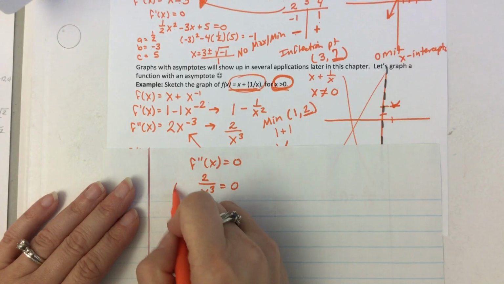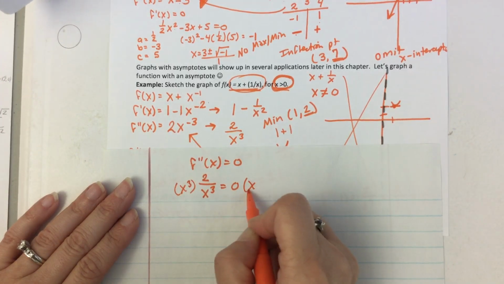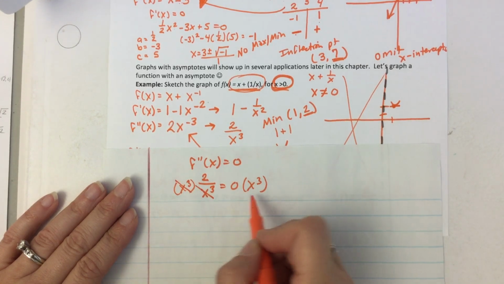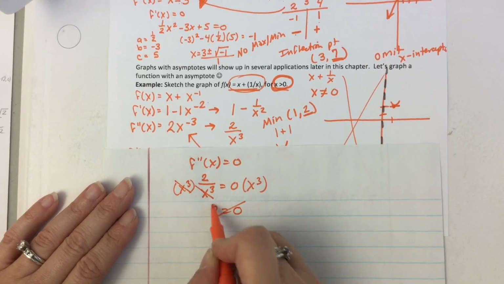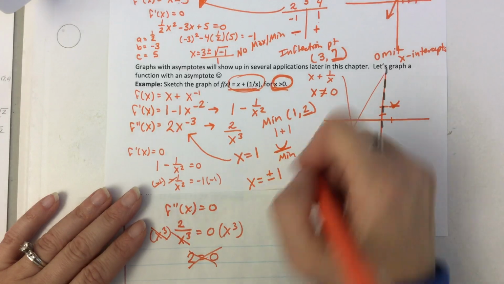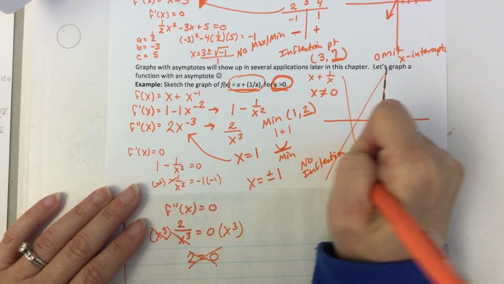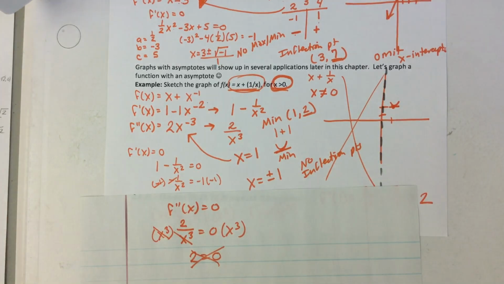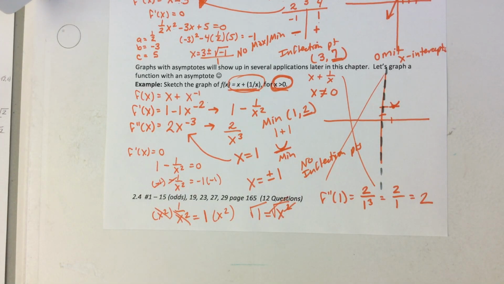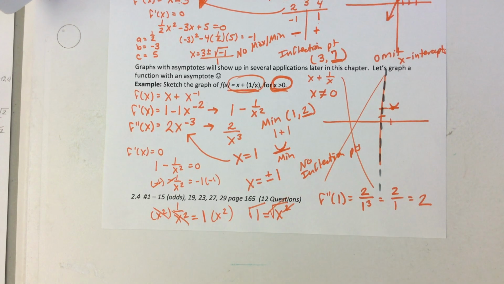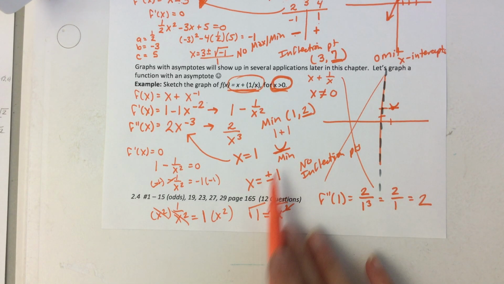To cancel the denominator, I multiply both sides by x to the power of 3. This cancels, and 2 equals 0. So this has no inflection points. I do have a minimum point.